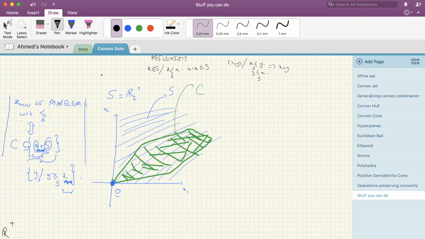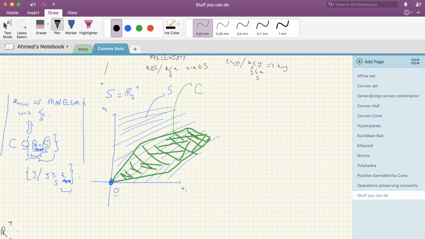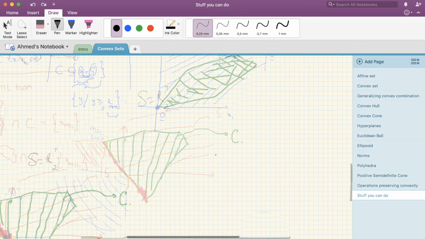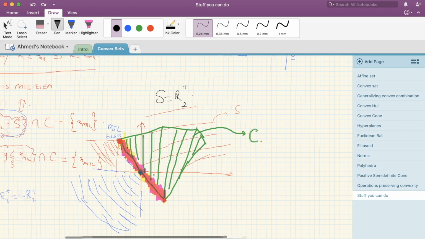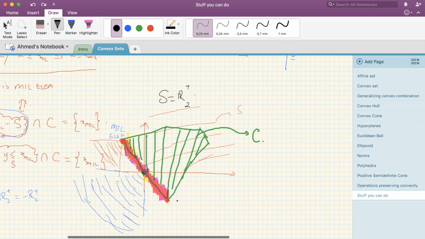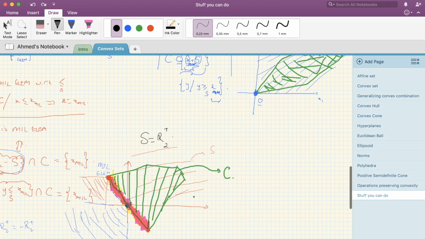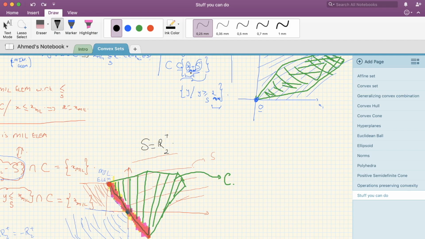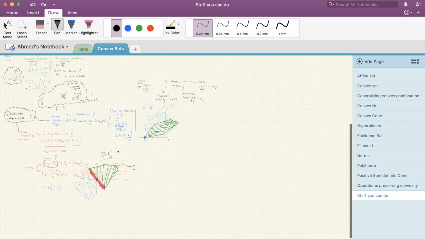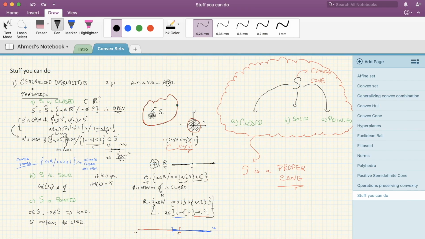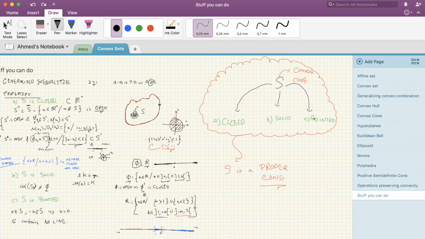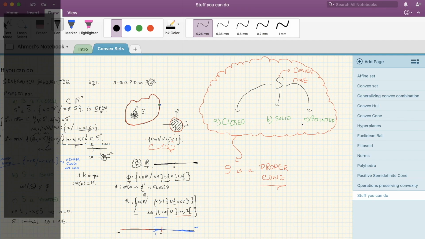Again, this depends on your C as well. Here you have an infinite number of minimal elements and no minimum element, because you cannot find a point which is contained inside this point plus S. It does not admit a minimum element. Now this is some cool stuff we can do with a proper cone. We can define generalized inequality, minimum and minimal elements, and so forth.